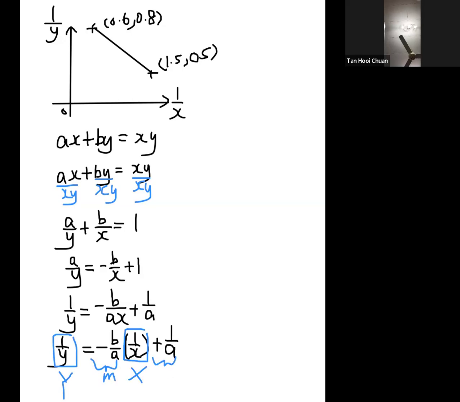So for this case, I show you. If we say gradient is minus b over a, which is equal to y minus y over x minus x.